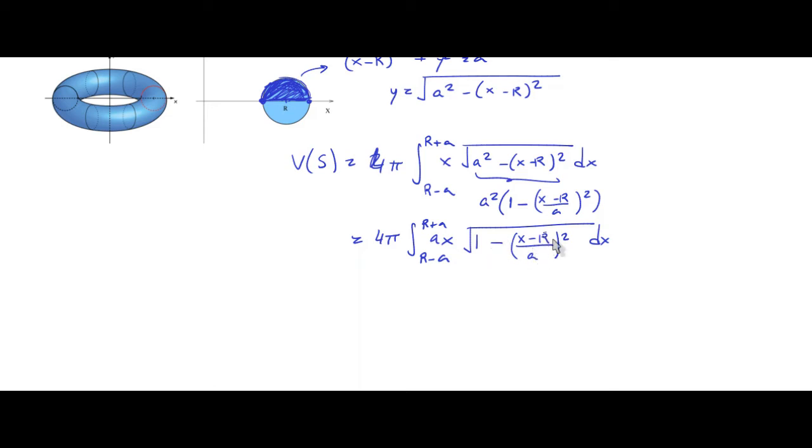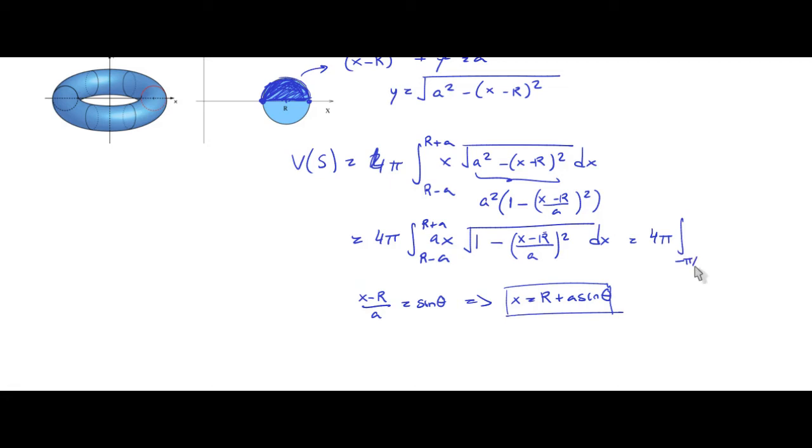The change of variable here is to take this equal to the sine of theta. Okay, so now this means x equals r plus a times the sine of theta, right? Now if we want this integral to go between r minus a, when x is r minus a, this means that the sine of theta is minus 1, so theta is minus pi over 2, and then when x is r plus a, sine of theta is 1, so that means that theta is pi over 2.